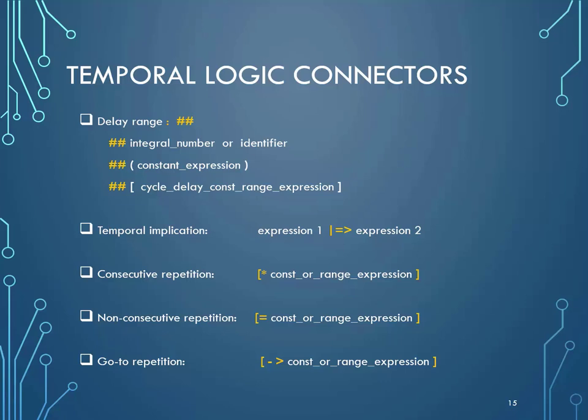Consecutive repetition. Again, this is very, very powerful because many times we have signals that will be repeated during very long window of time. Again, we can go back to the example of USB training where symbols are transmitted during certain periods of time, and there are plenty of them, and we want to count them.